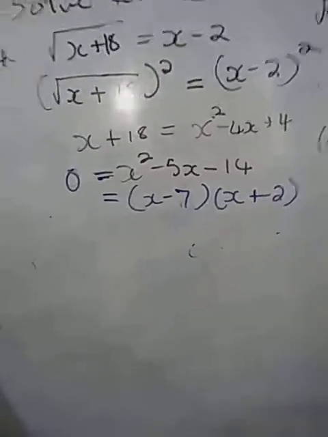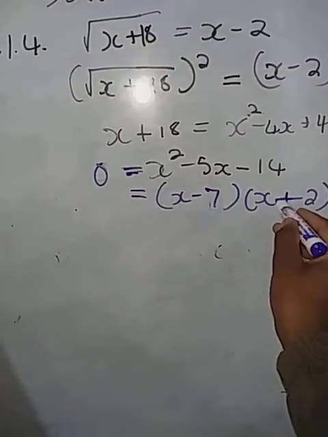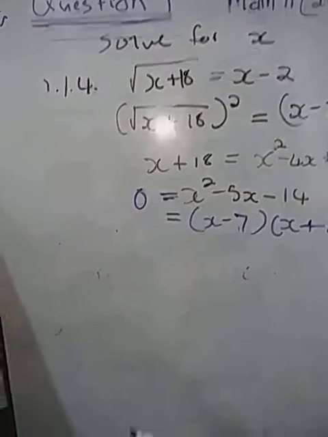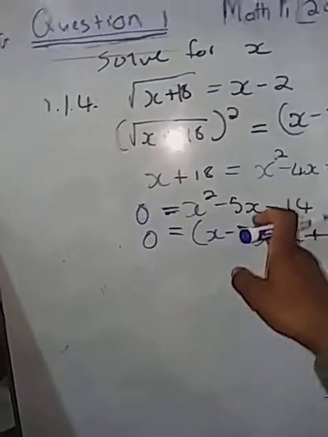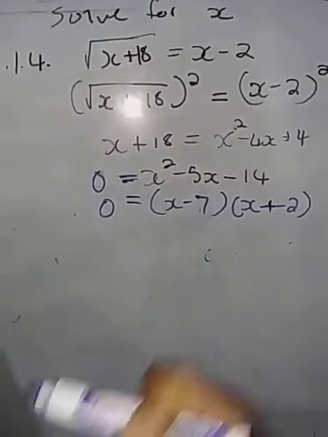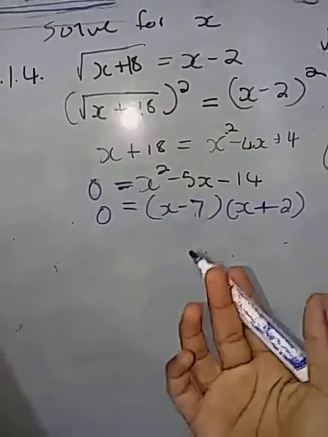If you want to know how I found the factors, as you can see, this is a trinomial, and the reason I say it's a trinomial is because it consists of 3 terms.